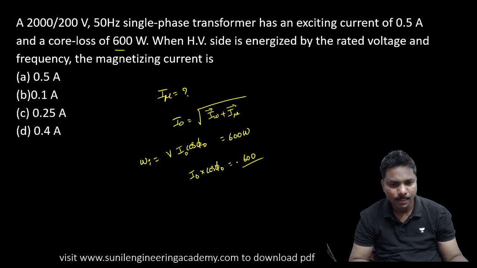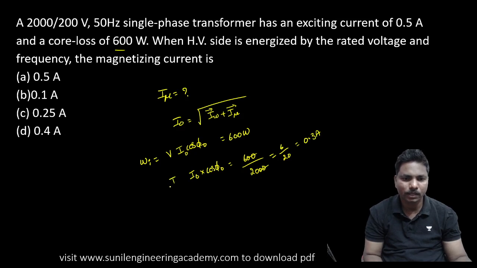It is 2000, so 600 by 2000, which is 6 by 20. If you multiply by 5, it is 30 by 100, that is 0.3 amps. So this is nothing but IW.